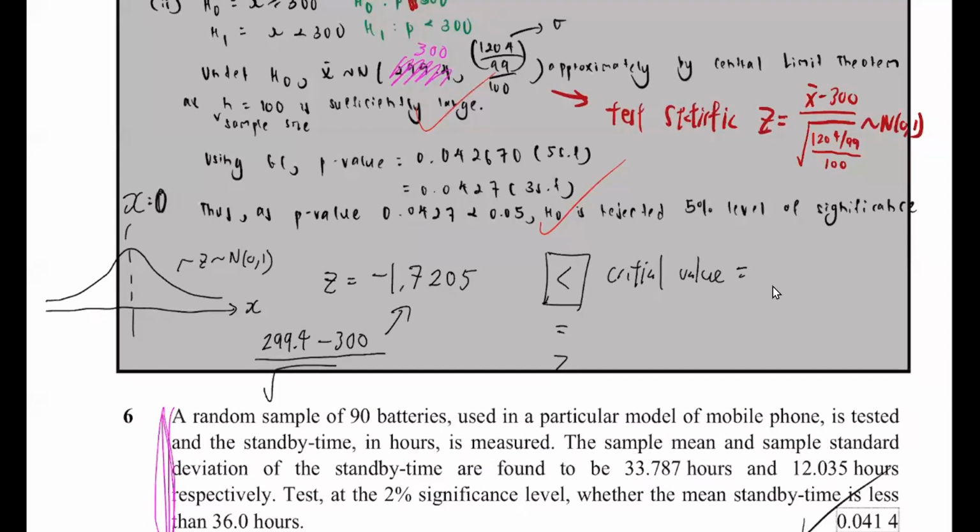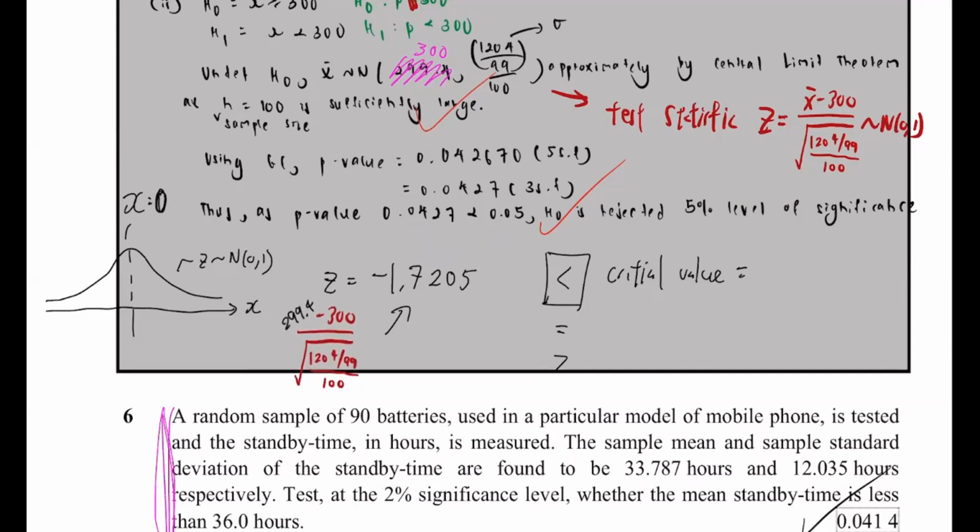I can just copy and paste, then replace the X bar with 299.4. 1204 divided by 99 over 100. And yes, I got the same value.